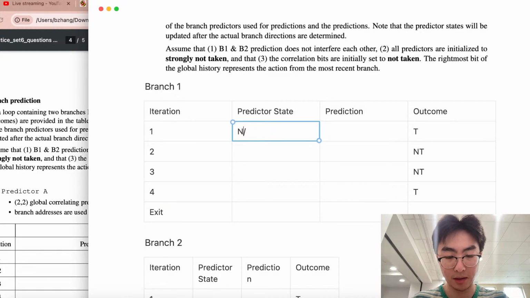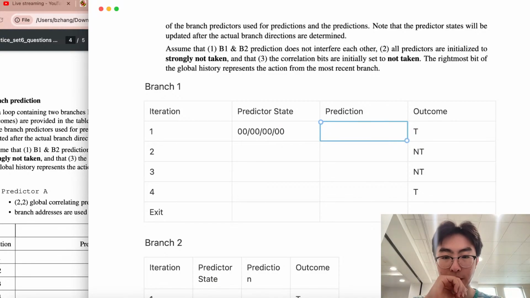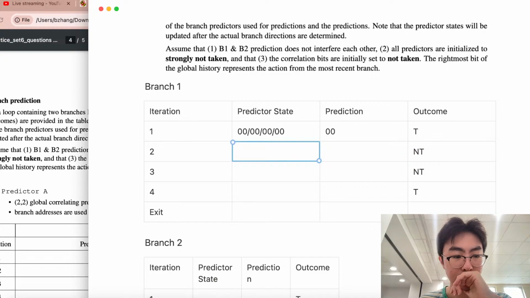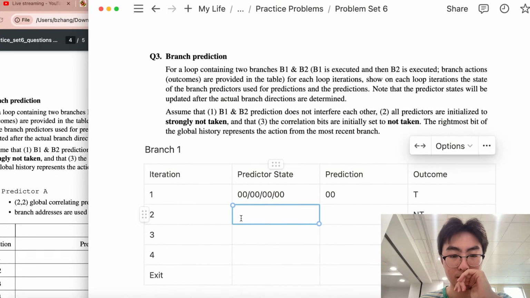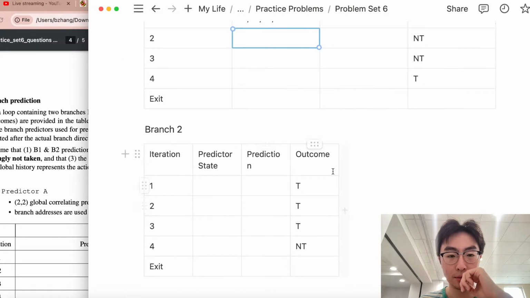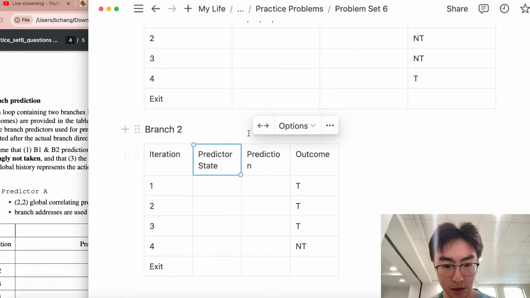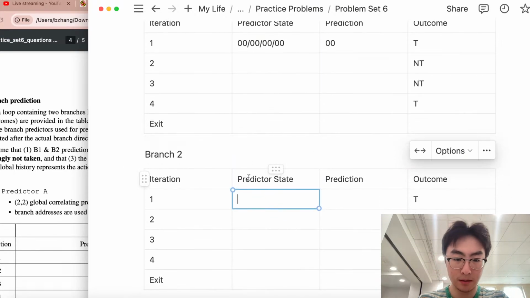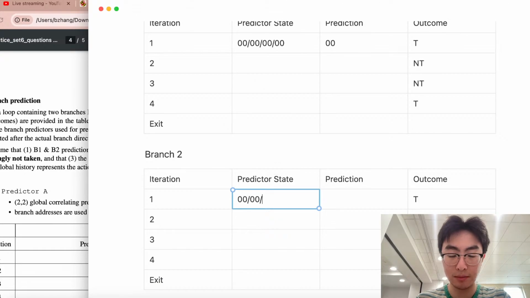I guess it'll be like this. So 0, 0, 0, 0, 0, 0, 0, 0. Right. And so our prediction then is just not taken. And I want to say, each branch has its own predictor state, so independent predictor state. That means this should be unchanged and not affected.